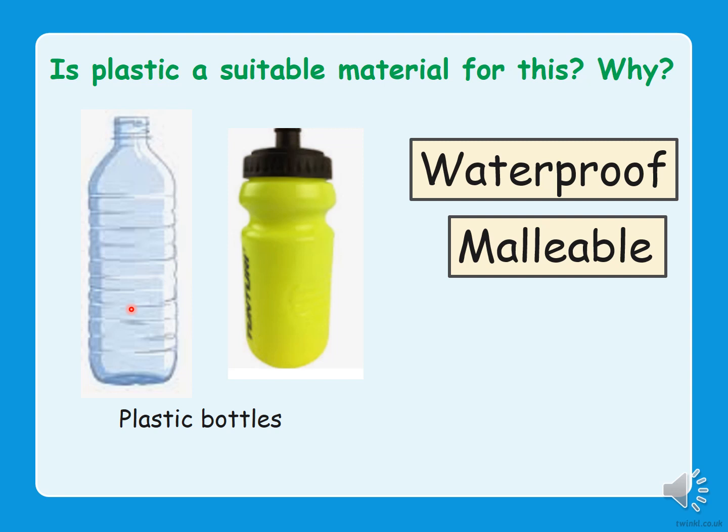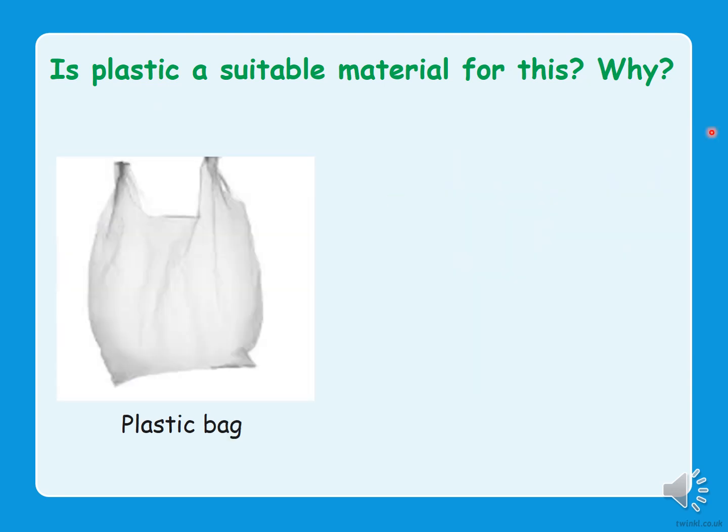So instead of throwing your plastic water bottles away, we can recycle them. And when we recycle material, we need the material to be malleable, which means we need it to be able to be squashed. We need the water bottle to twist. We need it to bend in lots of different ways so it can be molded and made into something else. That is why we recycle. So plastic is also a malleable object. Malleable means when you can twist, turn, squash, knead, move an object.